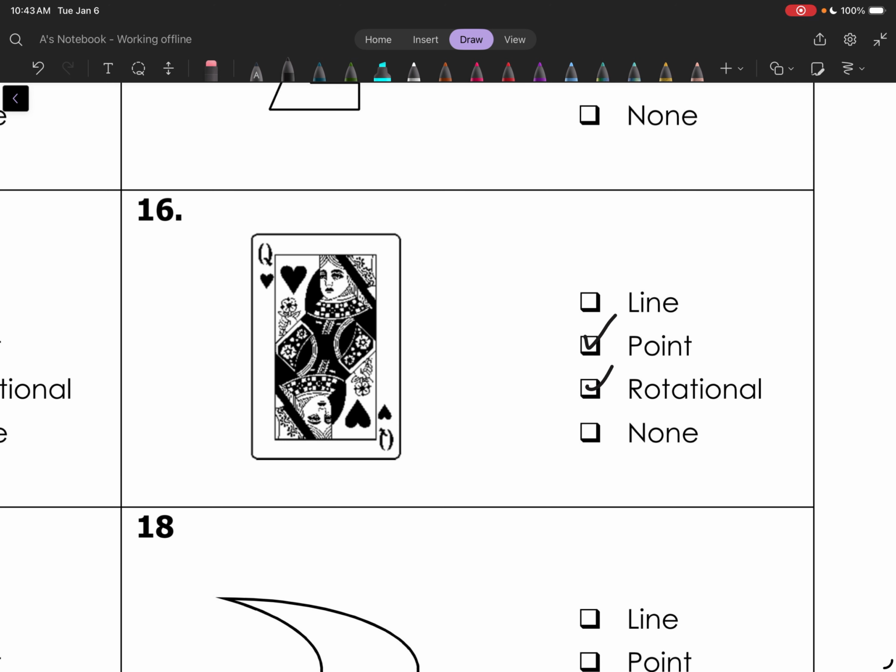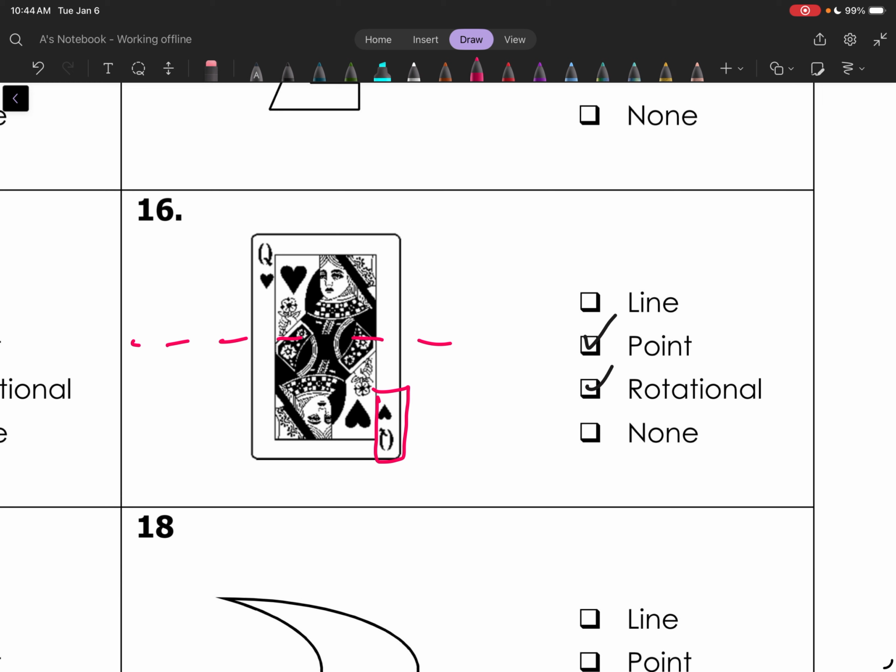But does this have line symmetry? Well, if I draw a line across this horizontal, so I fold this card in half, would that be symmetric? The answer is no. Why? Look at the faces, or matter of fact, just let's look at this little corner.